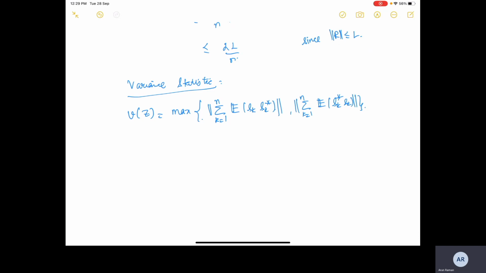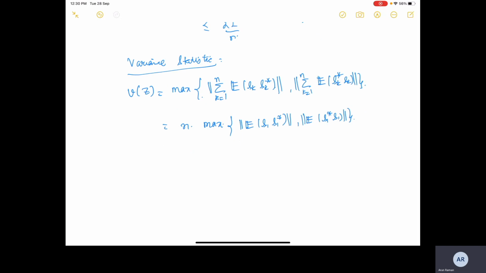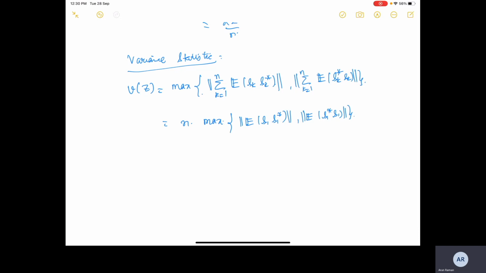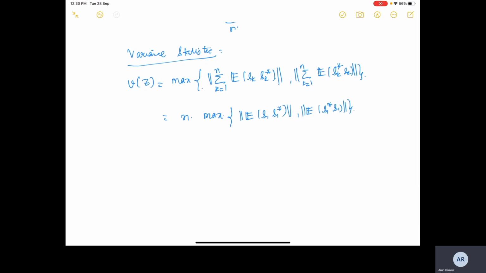Then when we open this sum, since these are IID and identically distributed, by those considerations we will have the following. The matrix expected value of S1 S1 star is positive semi-definite.